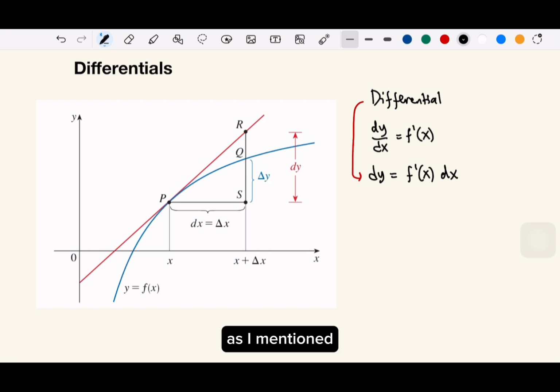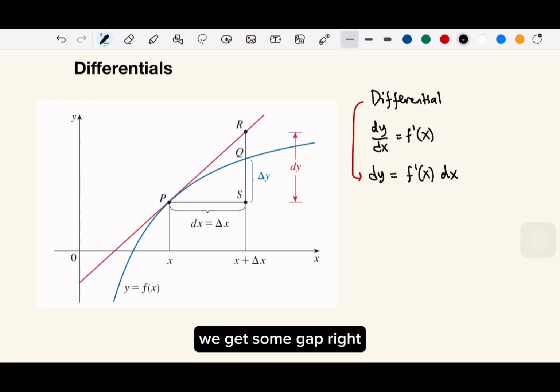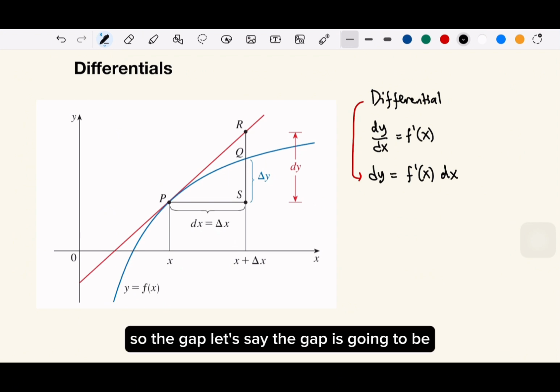And as I mentioned, when we are taking far away from this P, we get some gap, right? So the gap, let's say, is going to be defined by this dy.